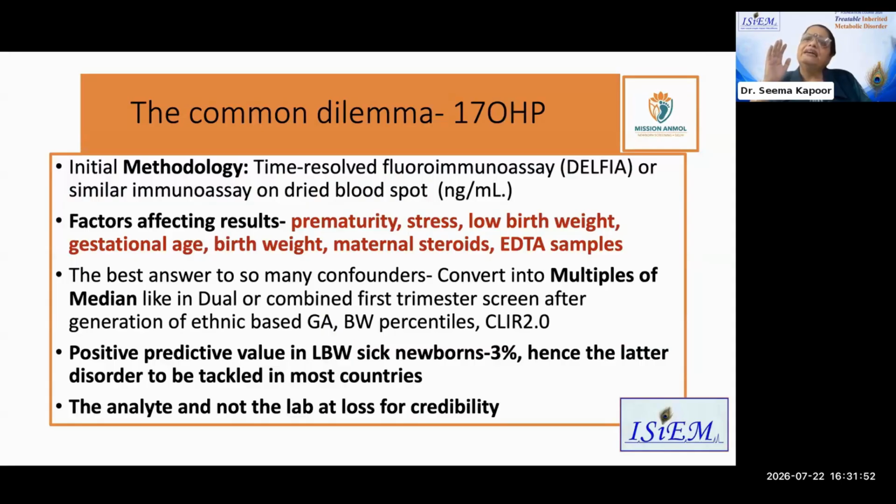Now, why were Australia and England the last to start using 17-OHP, 17-hydroxyprogesterone, as a measure of CAH? There has to be some problem with CAH. Yes.